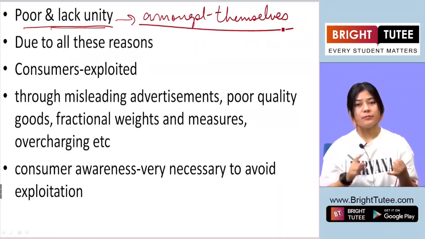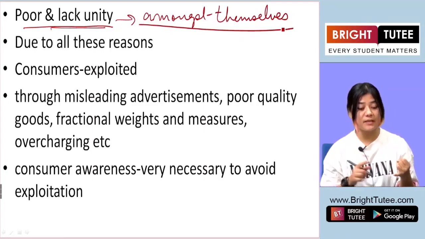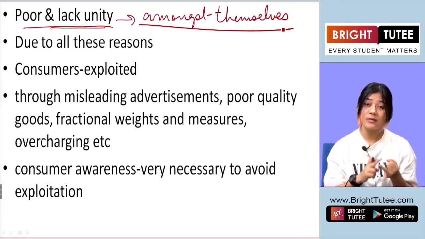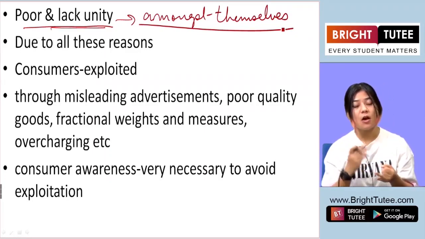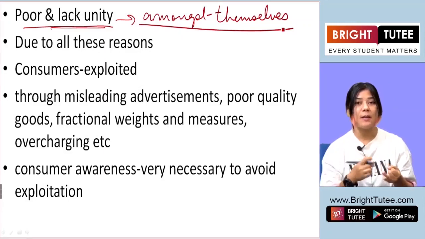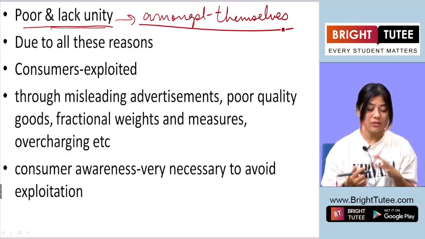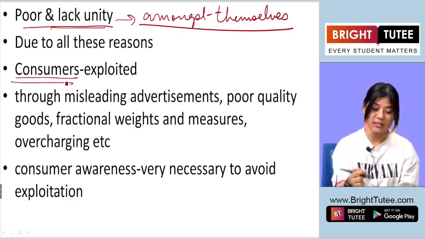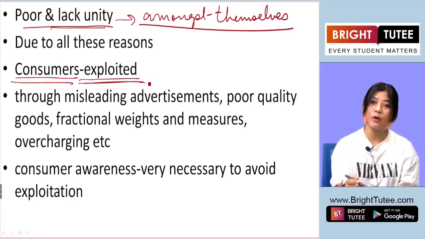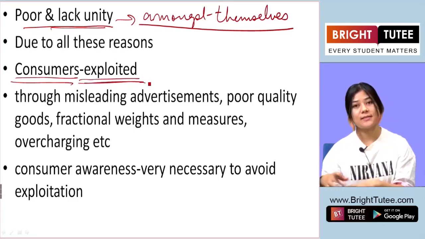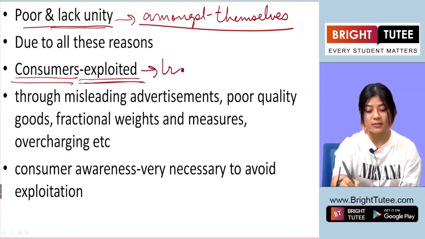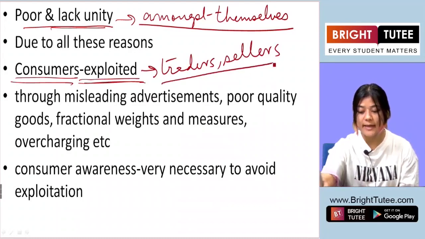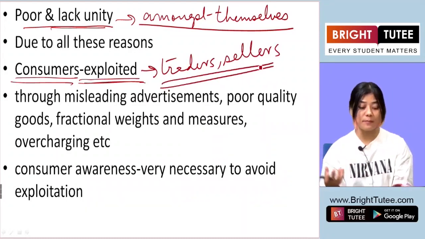Okay, so because of people being poor, people being disunited, and people being ignorant about the uses of goods and services, about the rights that they have, because of all these reasons, the consumers who use goods and services are most of the time exploited by the market, exploited by the traders, exploited by the sellers, exploited by the owners of the markets.